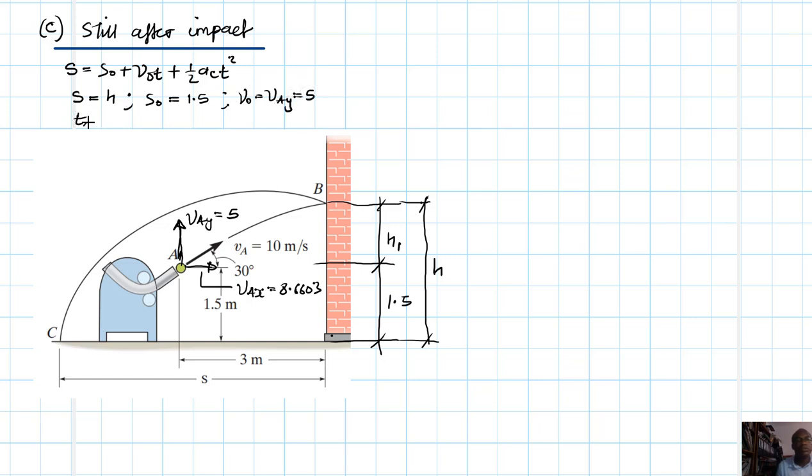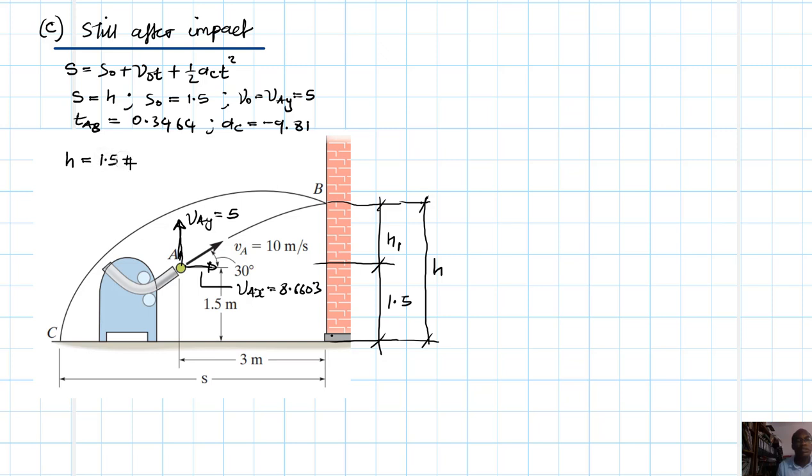We have T, if you remember, we said TAB, this is 0.3. We calculated this in the previous sessions, and our AC is just minus 9.81.